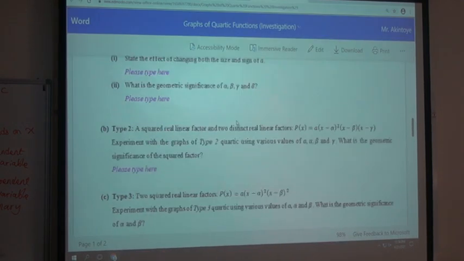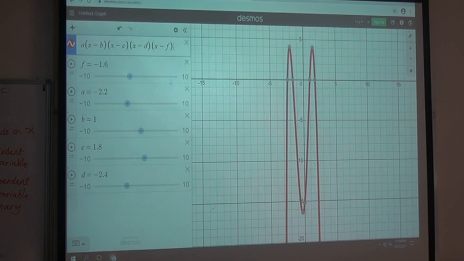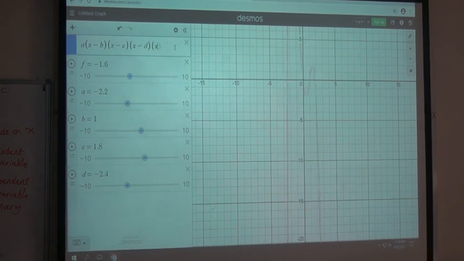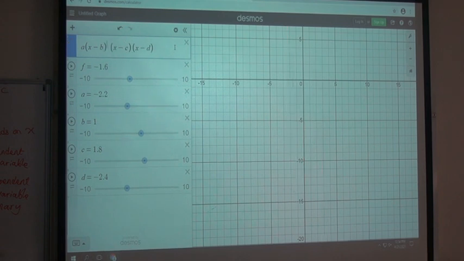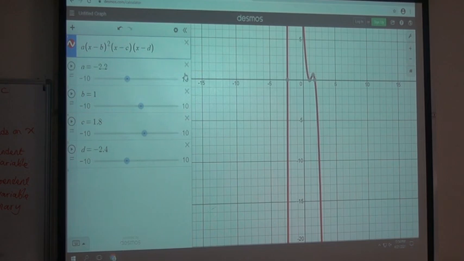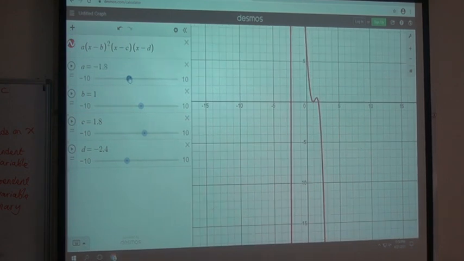The second type is when you have 1 square. So let's remove this and square this.